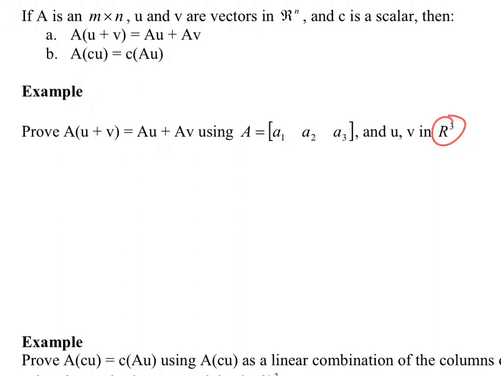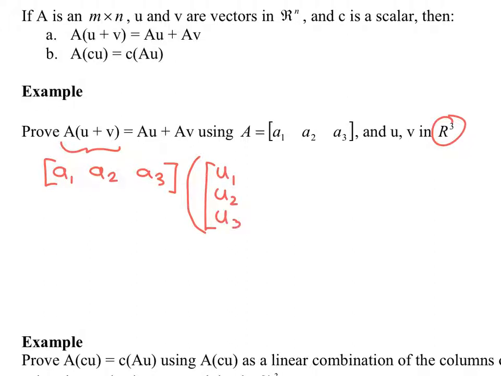So all I'm going to do is on the left-hand side, I'm going to take matrix A, A1, A2, A3, and multiply that by vector U, which would be U1, U2, U3.